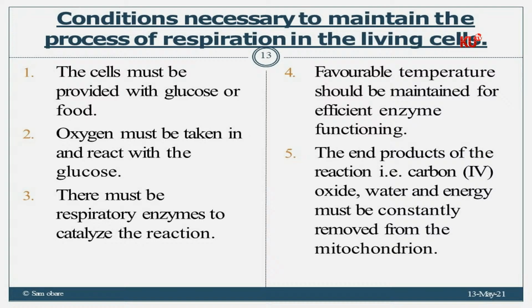Just like in the human body, the optimum temperature is constant at 37 degrees. That is why when you present yourself to any health facility, among the initial operations done by the nurses and the doctors is to check the temperature.